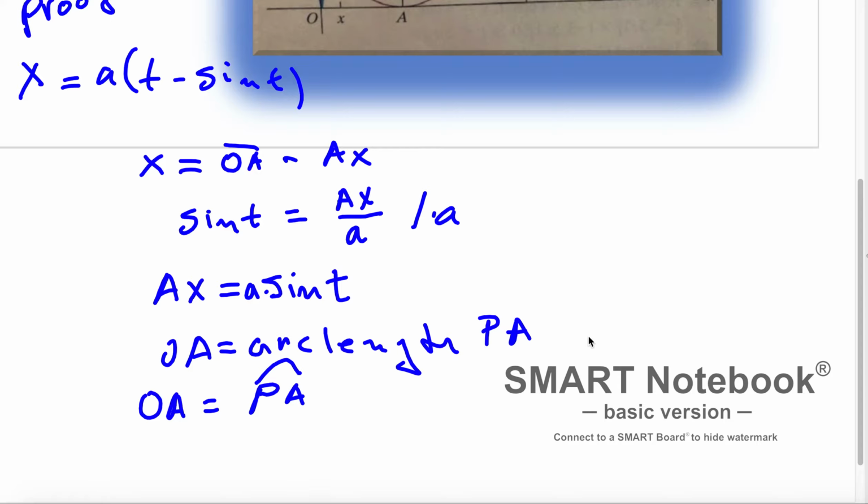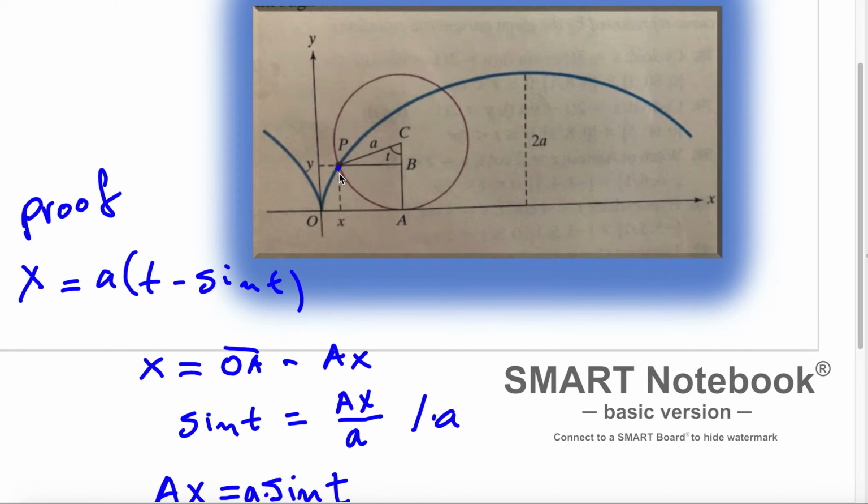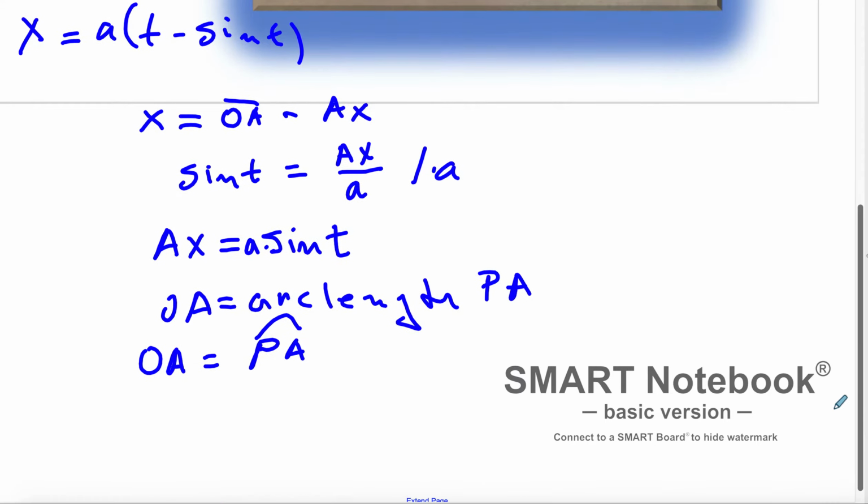The arc length PA is equal to the angle t times the radius, so the arc length PA is equal to a times t. And now OA is equal to a times t.